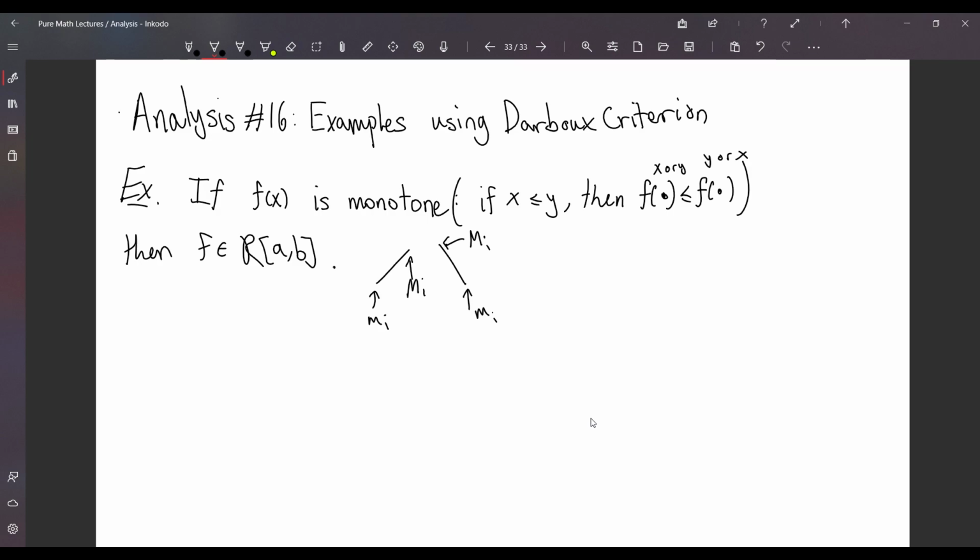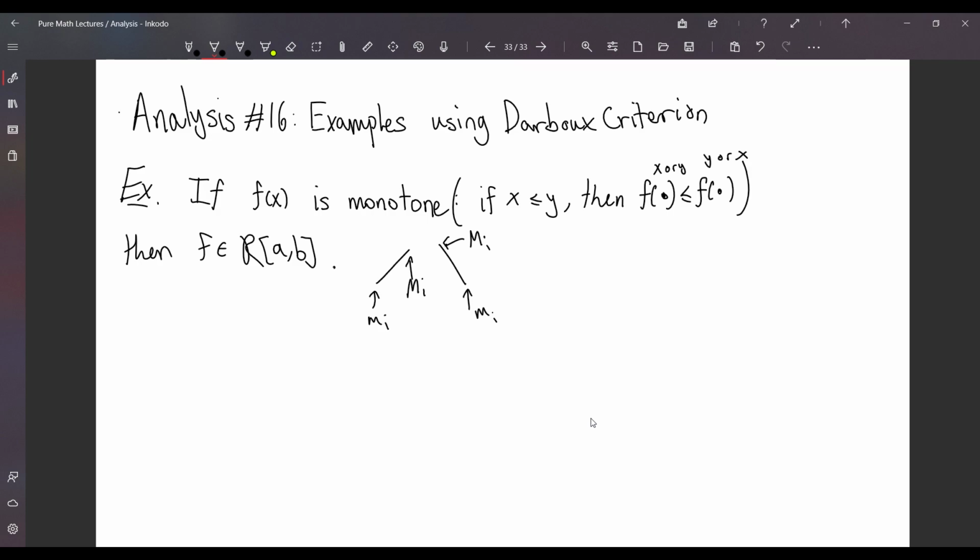And then when you look at the difference between your upper and your lower sums, you can then take an upper bound for your delta x_i terms, right? Every delta x_i is less than or equal to the mesh of P, which is less than delta.